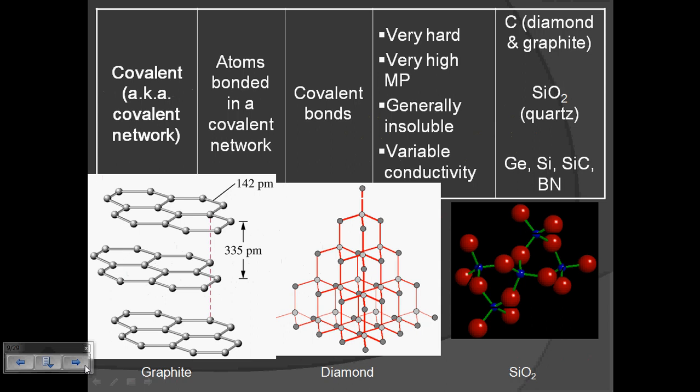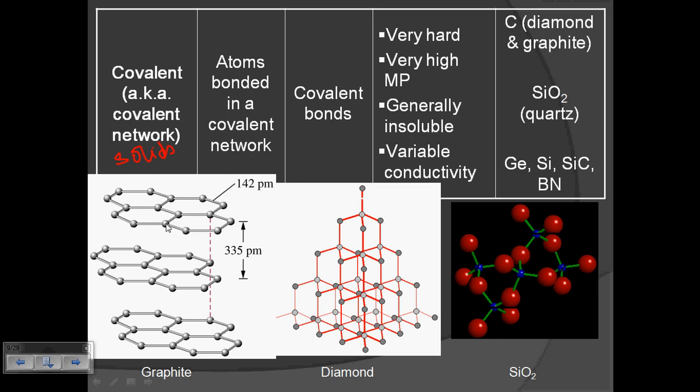The last type of intermolecular bond is called the covalent network bond. A network is a big network of molecules or atoms that are connected through covalent bonds. Covalent networks always result in solids, as do metallic bonds.